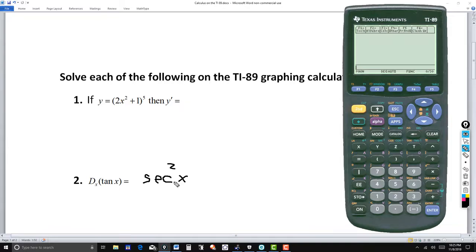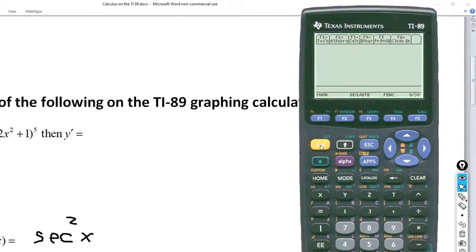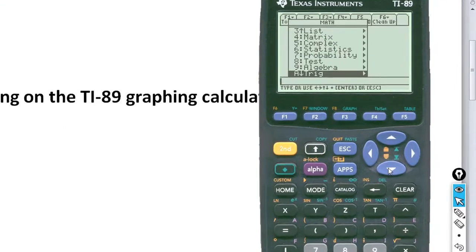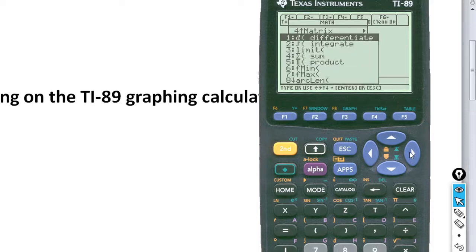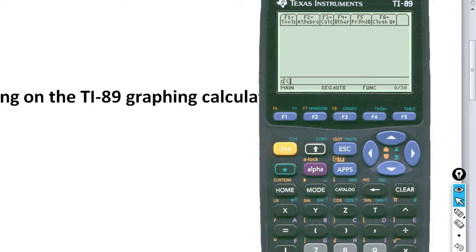Now if I do it in the calculator over here, then again I go to the math menu, 5, and then scroll down to calculus, to the right, again derivative is highlighted, 1, and then enter the tangent.